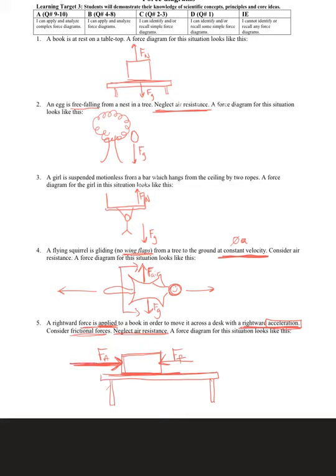So I'm going to draw my arrow much bigger, and I'm going to erase this one and make it a little bit smaller so that you really can see that the force of friction is smaller than the applied force because we have this rightward acceleration. Hopefully that makes a little more sense. The reason why we have a rightward acceleration is because the force in the rightward direction is greater than the force that opposes it in the leftward direction, that frictional force.